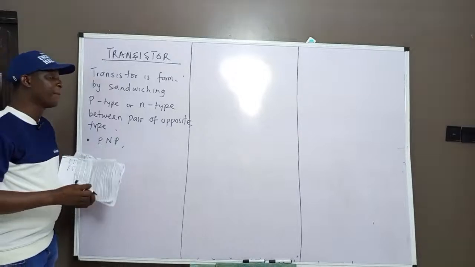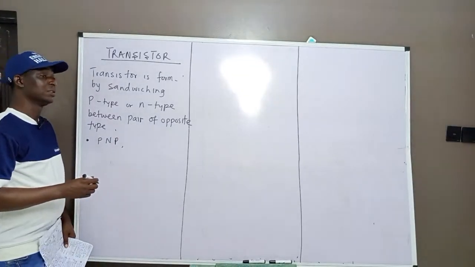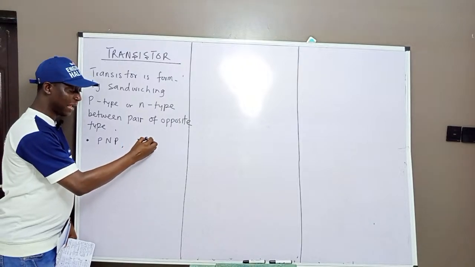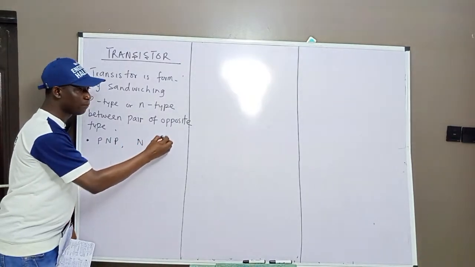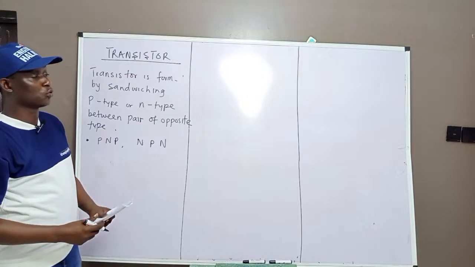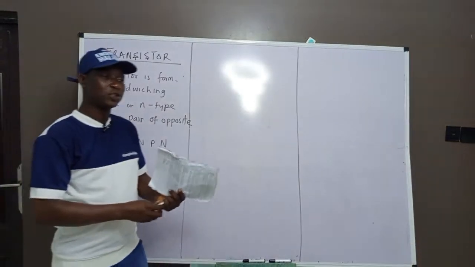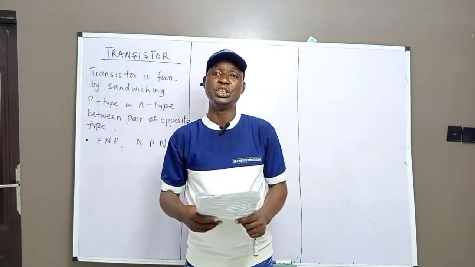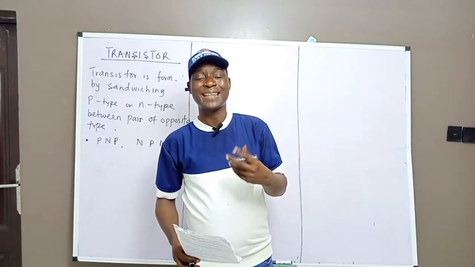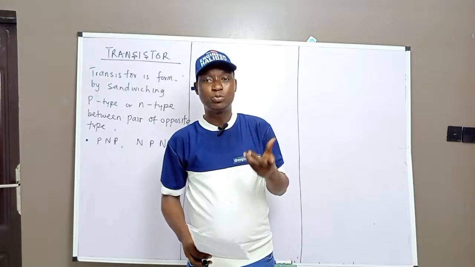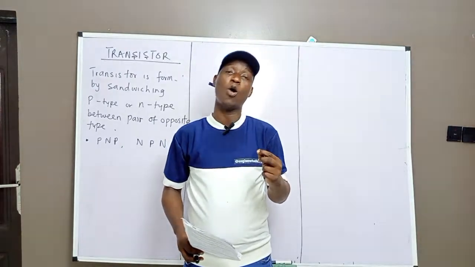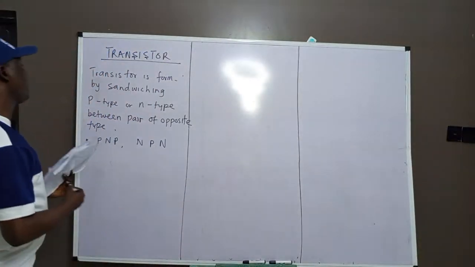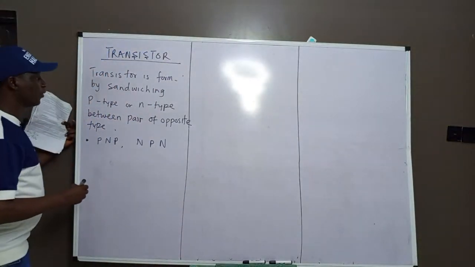Then you can also form a transistor by combining two N-type and one P-type semiconductor. So that's why we say a transistor is formed by sandwiching P or N-type semiconductor between a pair of opposite type.